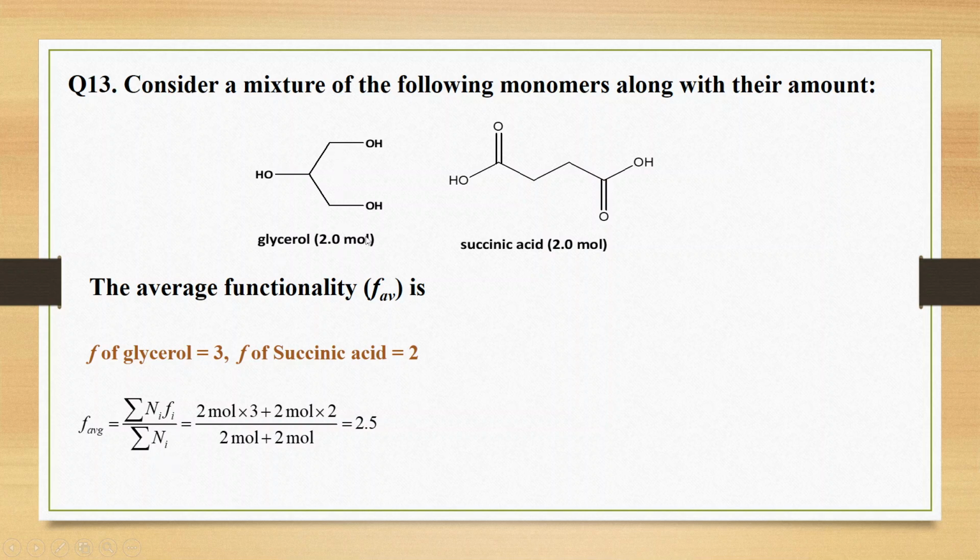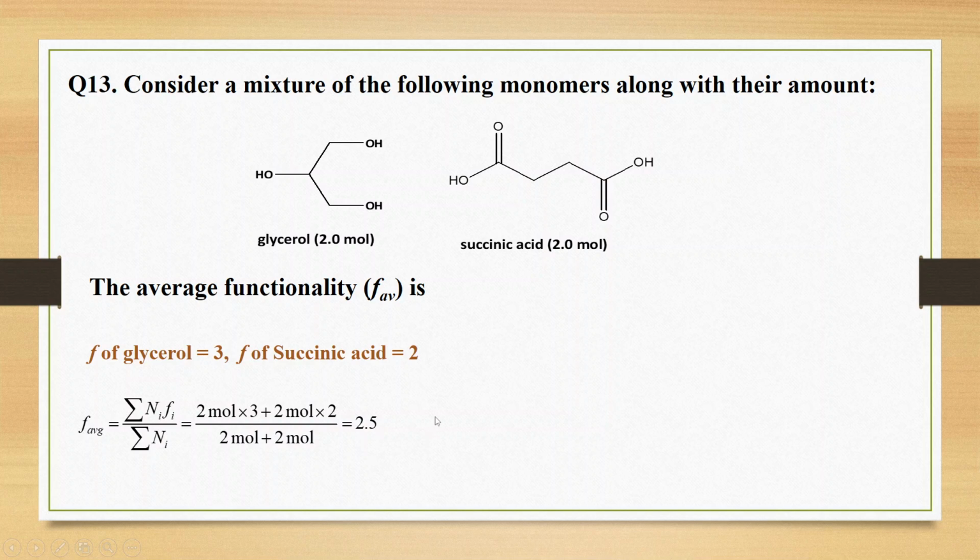Glycerol is 2 moles with functionality 3. Succinic acid is 2 moles with functionality 2. The summation of Ni is 2 plus 2, that is 4. That gives the average functionality of 2.5.